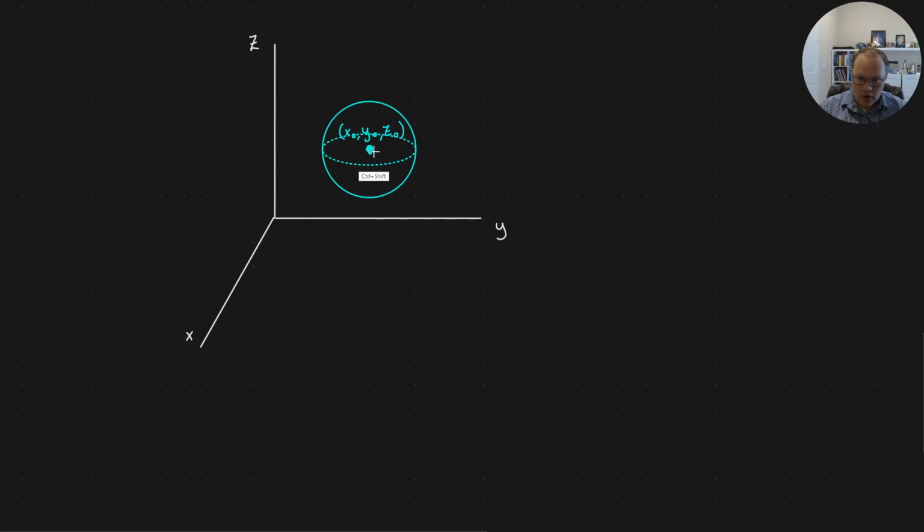Okay, we'll call the distance the radius, of course. And if I take any point x, y, z on the edge of the sphere, it should be a distance r away from the center. And so the distance between this point and this point should be r.